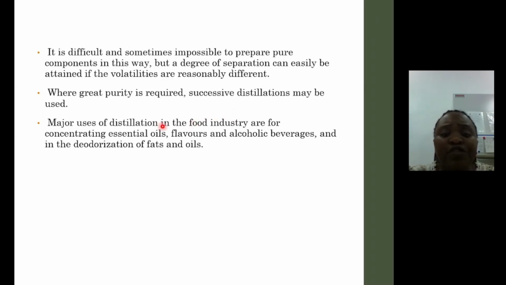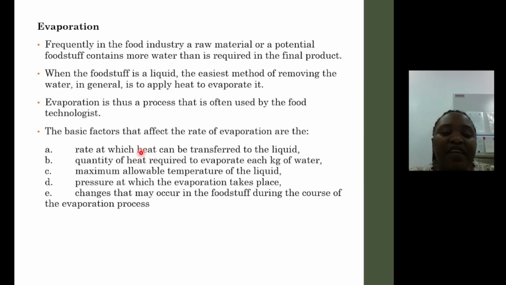Major uses of distillation in the food industry are for concentrating essential oils, flavors, alcoholic beverages, and deodorization of fats and oils. We have another process we call evaporation, frequently used in the food industry, so that we are able to evaporate the liquid and leave the solid particles of the particular food substance.